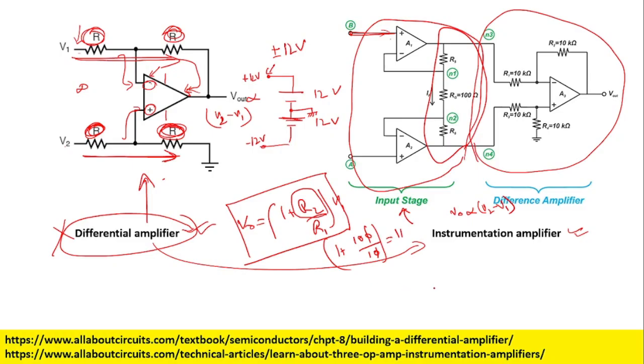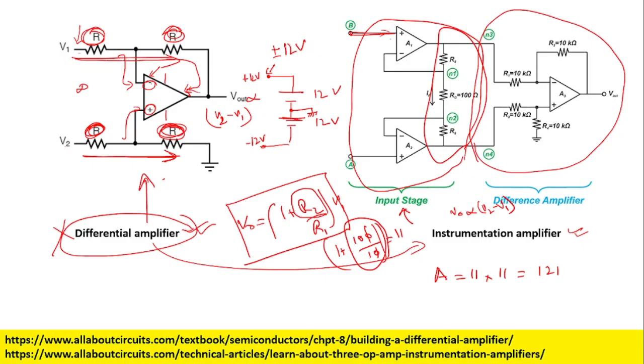So when we are having this cascading, what is happening to the gain? The total gain is equal to H1 multiplied by H2. That means if I put two stages, 11 multiplied by 11, which comes out to be 121. But I have used the 100 ohm and 10 ohm resistors itself.